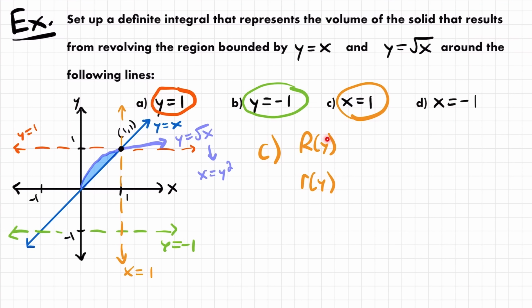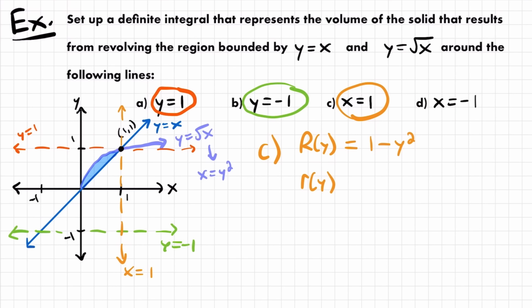Okay, so for our outer radius, the boundary of our region that is the furthest away from that axis of revolution, if we move from the right to the left here, this is the furthest away from that line, and so this curve, y squared, will be part of our outer radius. But since our region is to the left of that line, we will subtract y squared from 1, the value of our axis. So our outer radius will be equal to 1 minus y squared.